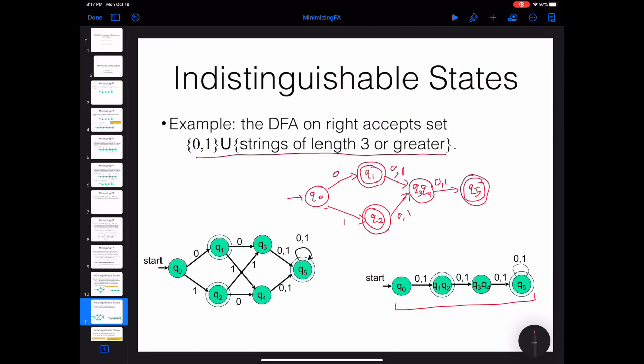And I can see that I cannot combine more states here. This state Q1, Q2 cannot be merged with this state Q5, right? Because from Q1, Q2, you are going to a non-accepting state by seeing a 0, 1, but from Q5, you are going to an accepting state. And a non-accepting and accepting state clearly cannot be merged together.